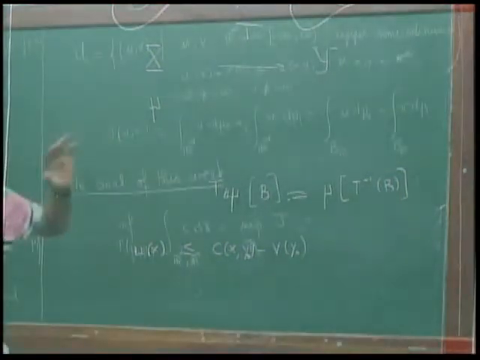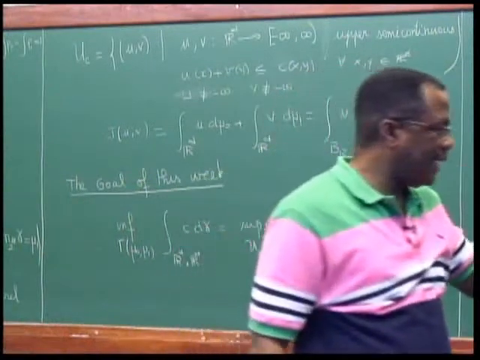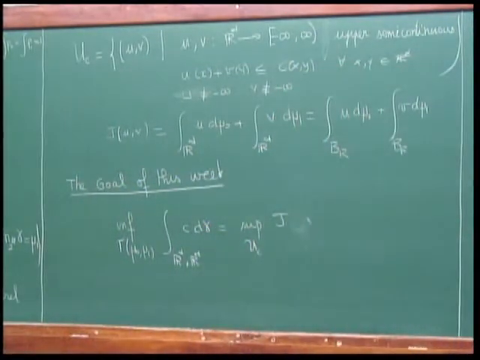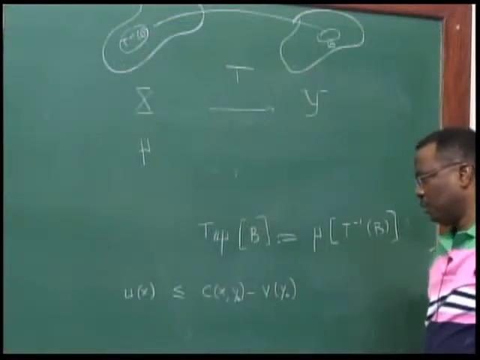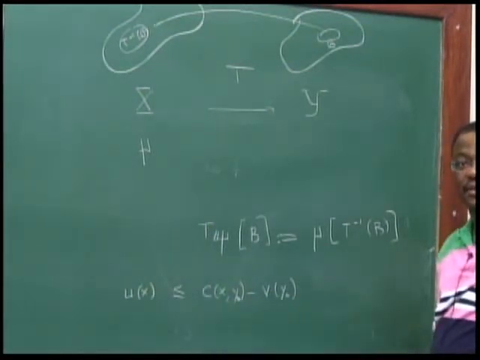So knowing that this property is satisfied, I know that there exists a y naught such that v of y naught is not negative infinity. And so I have this inequality.